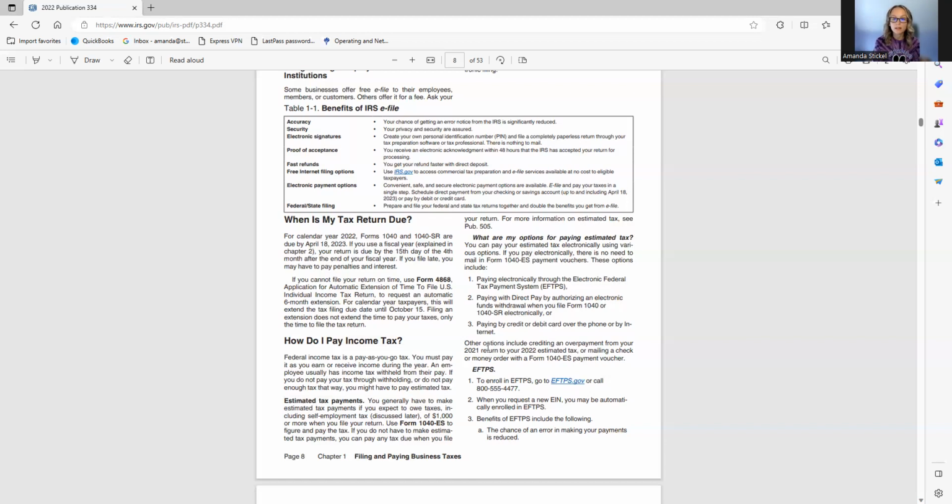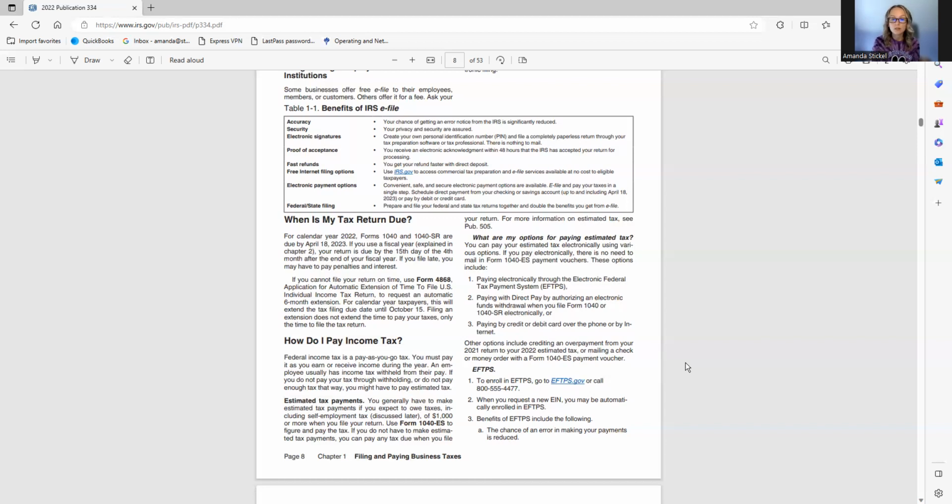These options include paying through the Electronic Federal Tax Payment System, or EFTPS, paying with Direct Pay by authorizing an electronic funds withdrawal when you file Form 1040 or 1040-SR electronically, or paying by credit or debit card over the phone or by internet. Other options include crediting an overpayment from your 2021 return to your 2022 estimated tax, or mailing a check or money order with a Form 1040-ES payment voucher.